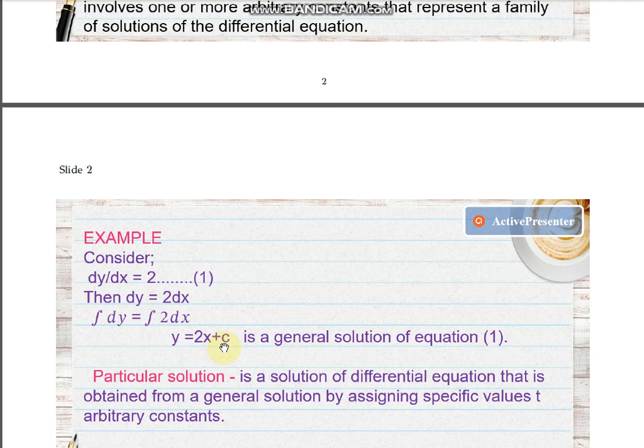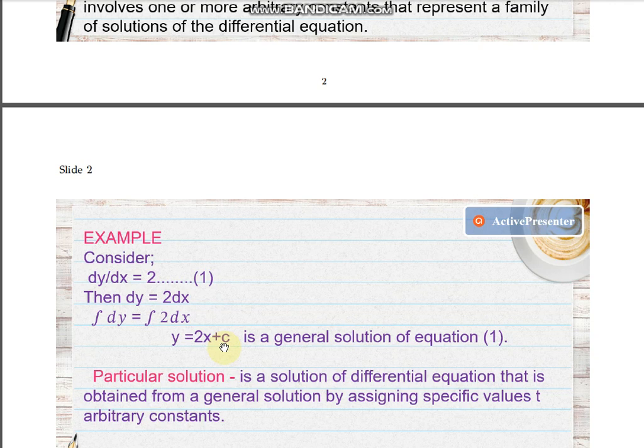Apart from the general solution, we have what is known as a particular solution. A particular solution is a solution of a differential equation that is obtained from a general solution by assigning specific values to the arbitrary constants.